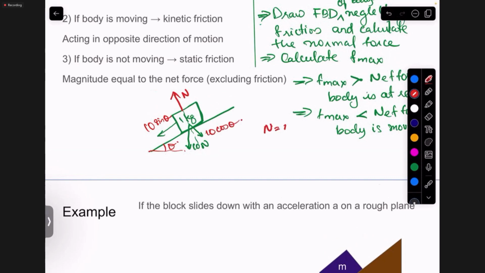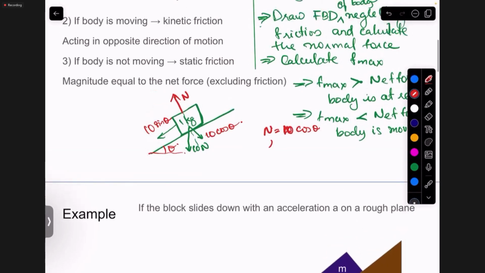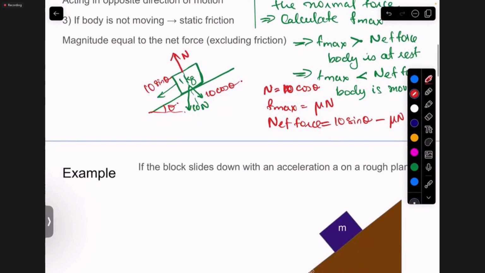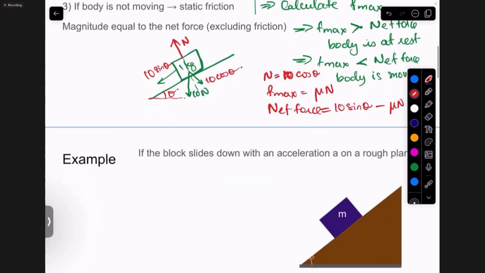So N equal to 10 cos theta you will be getting, and using that you can calculate F max equal to mu N. Then you can calculate the net force equal to 10 sine theta minus mu N, and you can check whether the net force is there.